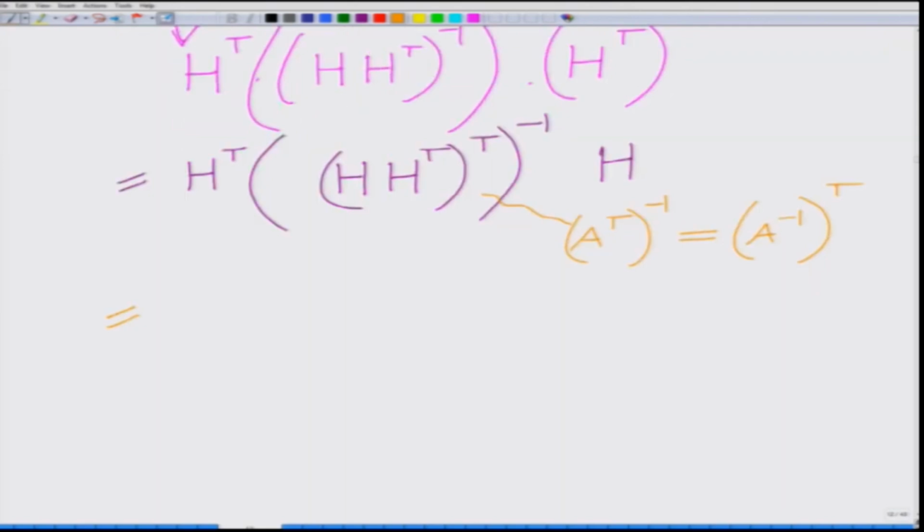And now I am going to write this as H transpose.